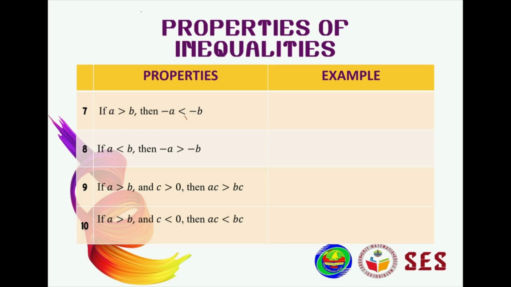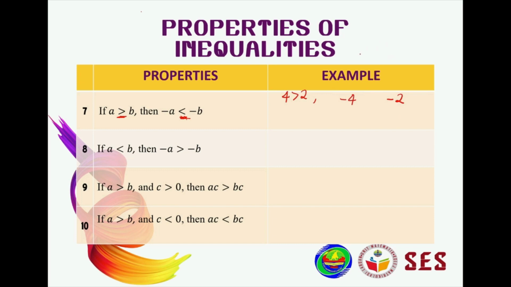It multiplied by negative, and B multiplied by a negative as well, and the direction has changed from towards right to towards left. Change the direction. So for example, if you have 4 greater than 2, if we multiply negative 1 to both of them, it will become negative 4 and negative 2, right?